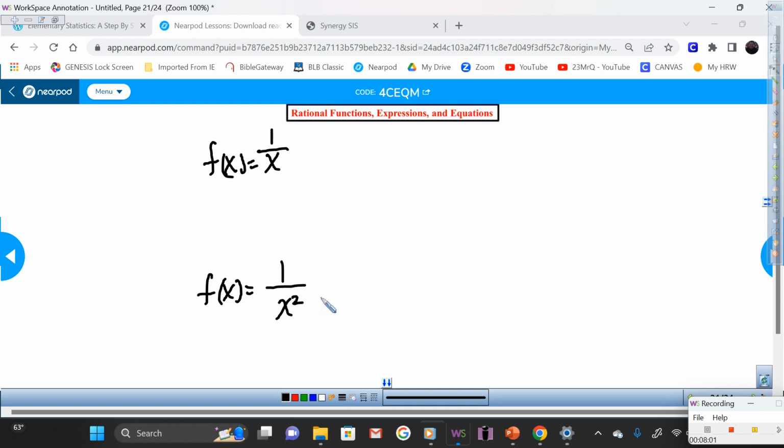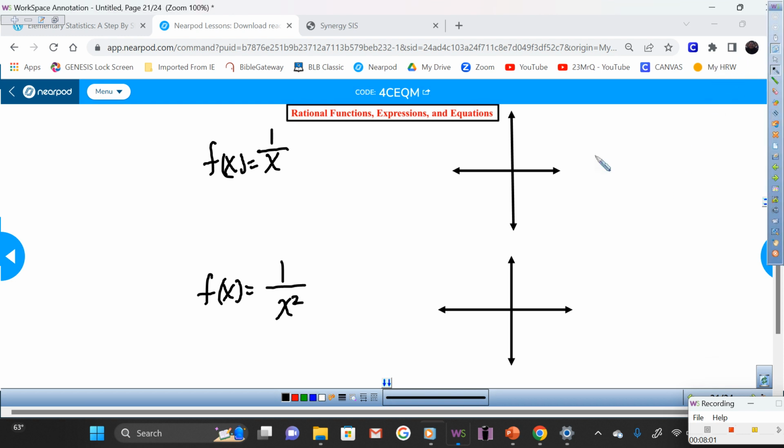Those are the only two types of rationals that we've introduced. Tell your neighbor the difference from one to the other. Obvious difference. The square, yeah. So let's see what's the difference from one to the other in graphing.